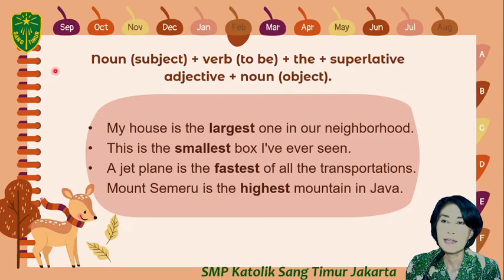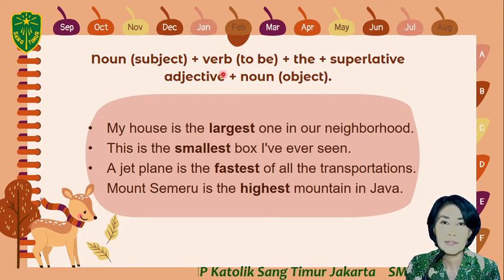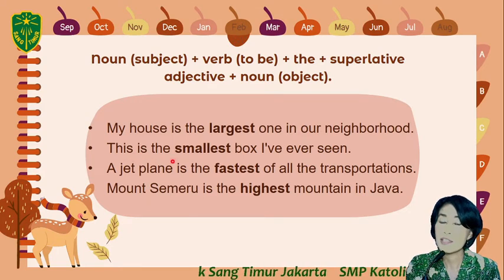Next, here is the pattern for using the superlative adjective: noun, verb to be, the superlative, noun. Okay. My house is the largest one in our neighborhood. This is the smallest box I've ever seen. A jet plane is the fastest of all the transportations.